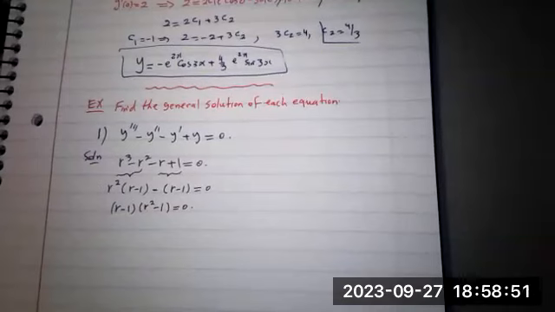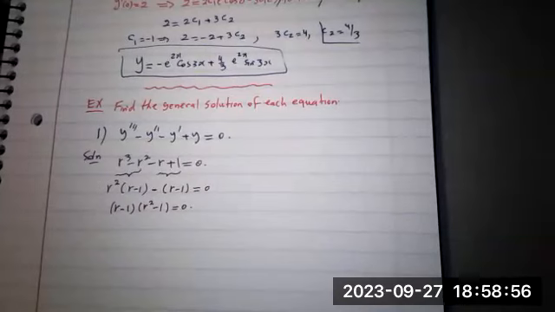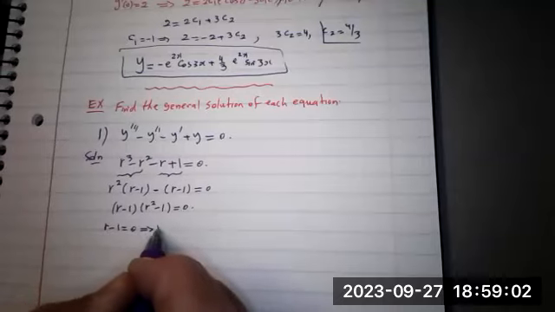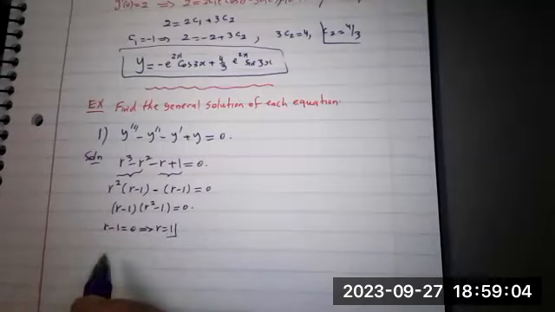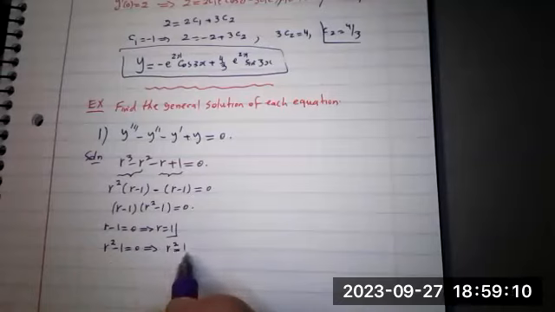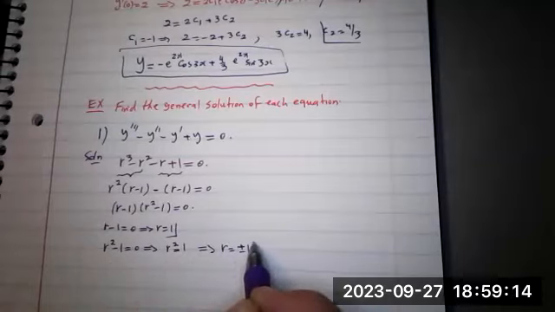That's it. Let each factor be equal to 0 to get the solutions. We expect 3 solutions. So the first factor being 0 gives you r equal to 1. The other one, r squared minus 1 equal to 0. You know that r squared equals 1, so that gives you r equal to plus or minus 1.